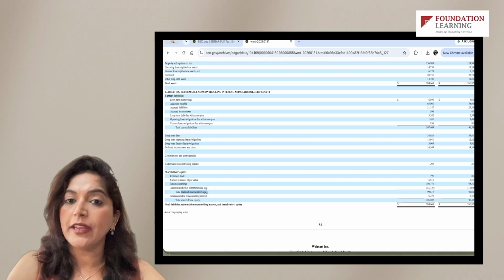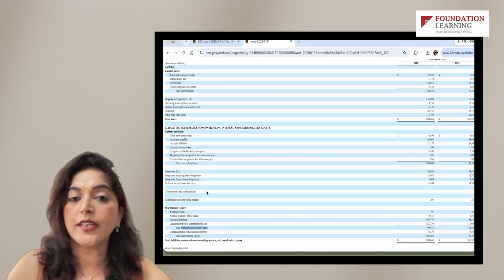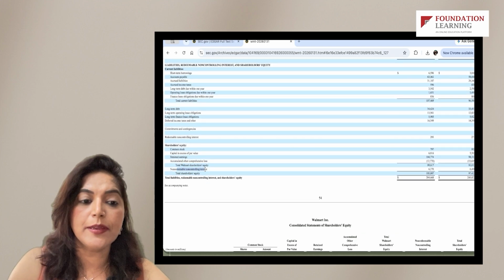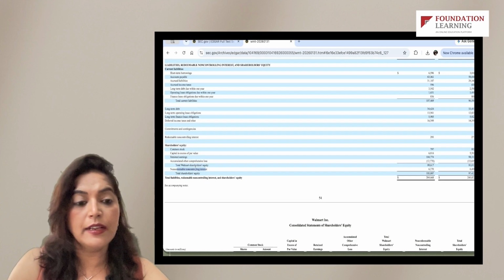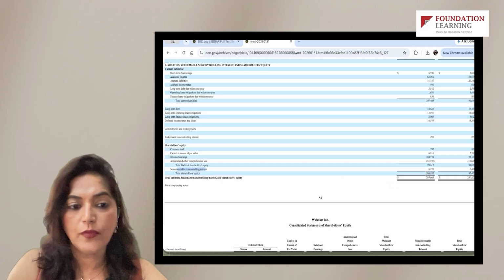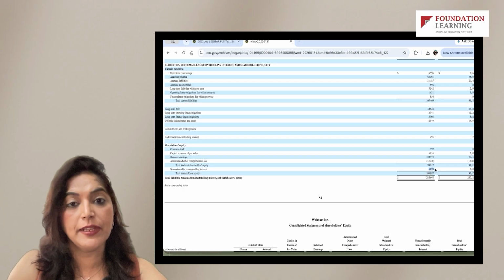Then total Walmart equity, again the same grind. We consolidate 100% of the subsidiaries' assets and liabilities and present the NCI portion separately. Non-redeemable non-controlling interest, which is $6,270 million.